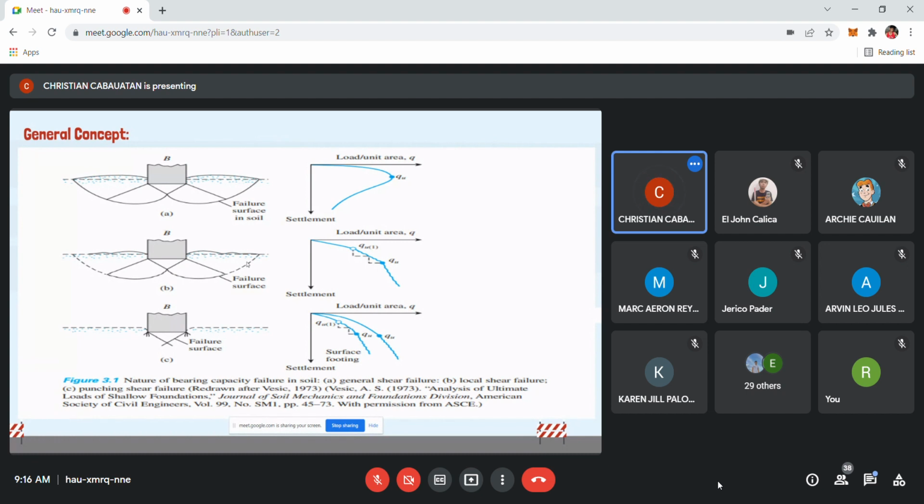Okay. Note that a peak value of Q is not realized in this type of failure, which is called the local shear failure. Yun yung sa letter B na. Okay? If the foundation is supported by a fairly loose soil, the load settlement plot will be the one in figure 3.1c. Yun yung sa letter C na.